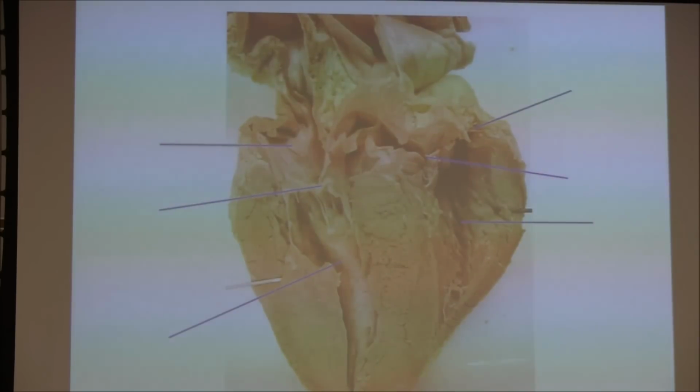How did we know that was left? Look at how much thicker this is right here than right here. That tells you left. What is this right here? The right atrium. Good.